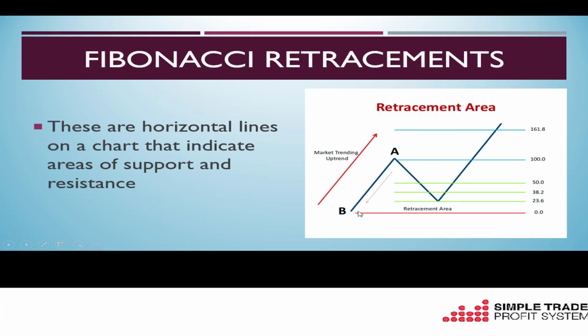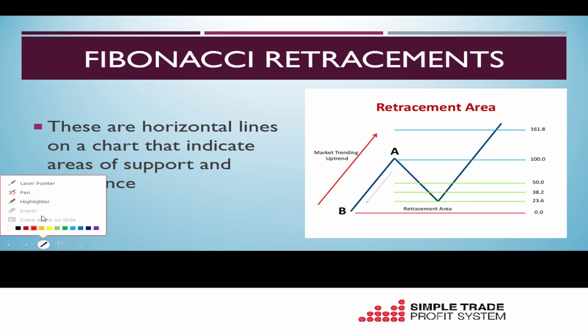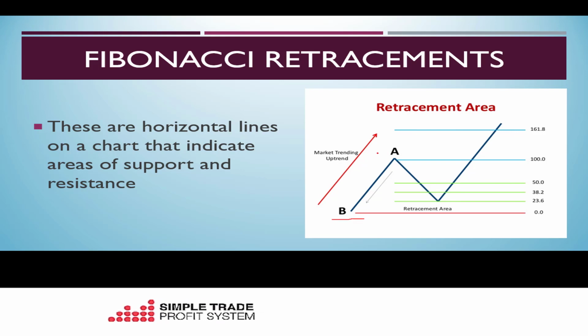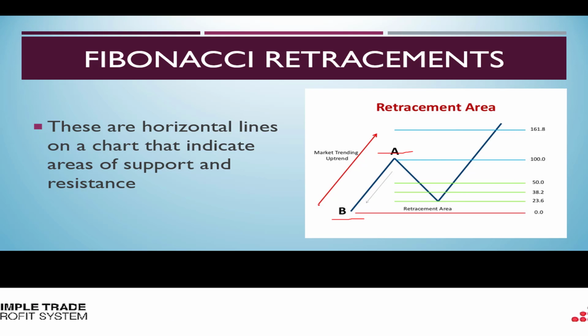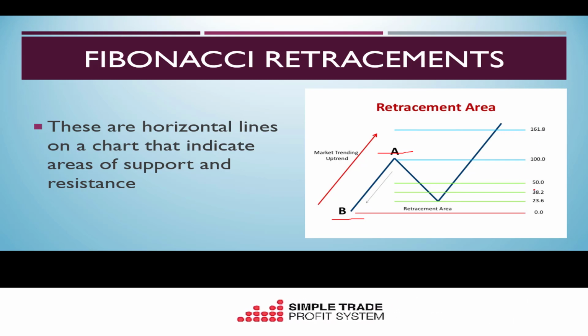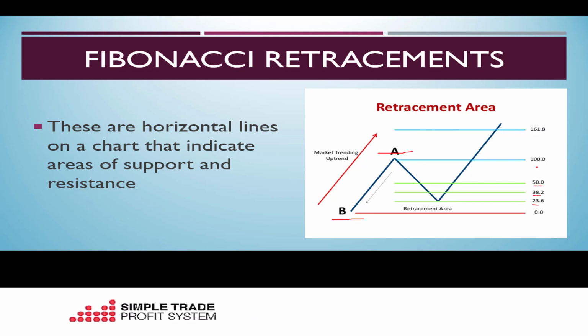So this example here on the right, let's look at this. So we have price moving up from its low all the way up to its high, and then it starts to retrace back. What we do is we draw our Fibonacci retracement from the low to the high, and then it plots these lines, these numbers on the chart, the 23, 38, 50.